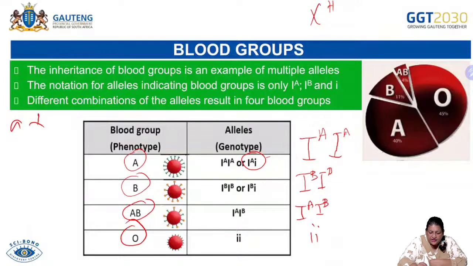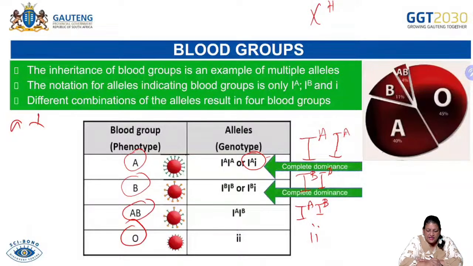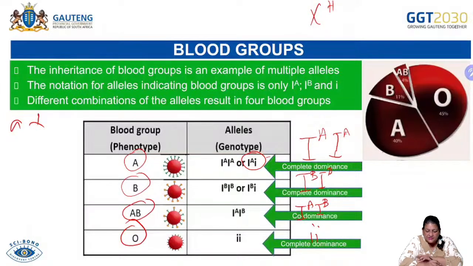So O can give blood to a person who's blood group A, B, or O, but he cannot give blood to a person with blood group AB, because nowhere in a person's blood group AB can you see the recessive allele. Right, and there you can see that's complete dominance.